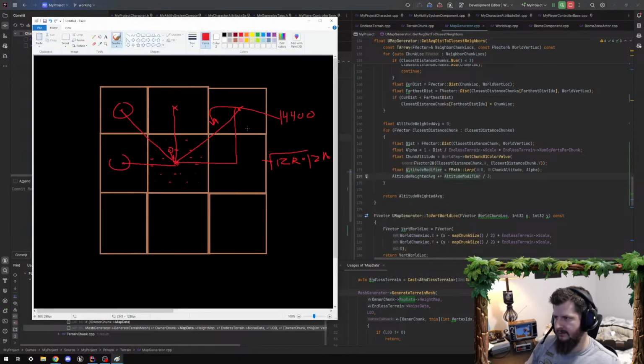So let me actually think about some values here. They should be very, very close values to each other. Let's say this one is 0.5, this is 0.4, and this is also 0.4.